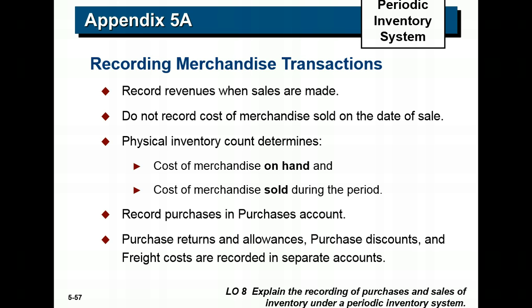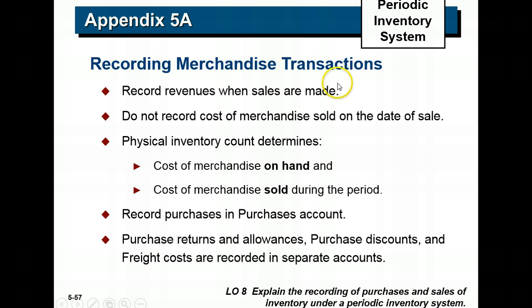So, how do we, under the periodic system, record the purchasing of merchandise? So, our various merchandise transactions. When a sale occurs, we're going to record the revenues when the sale's made, which is realizing, that's when you realize a transaction.